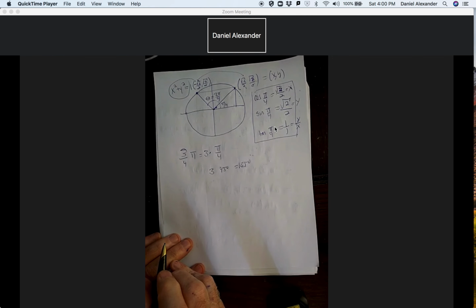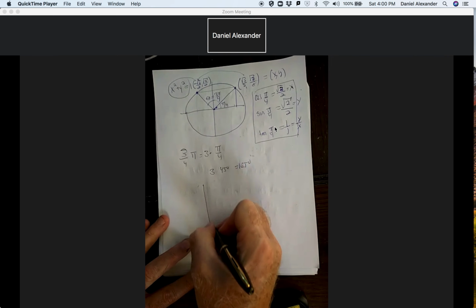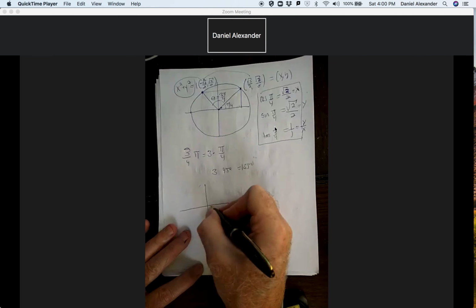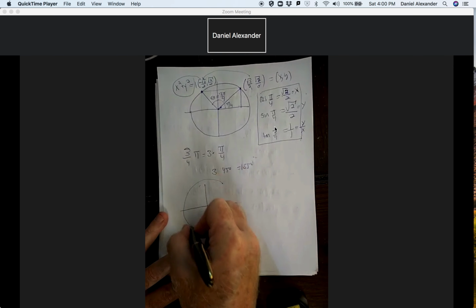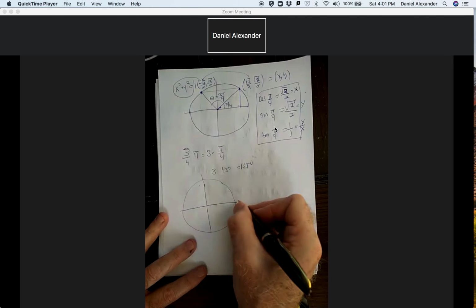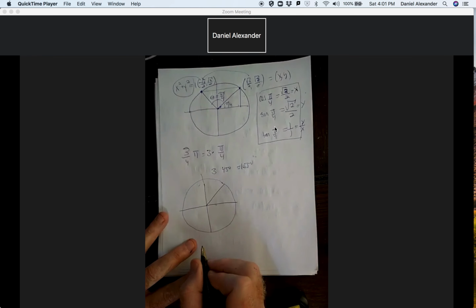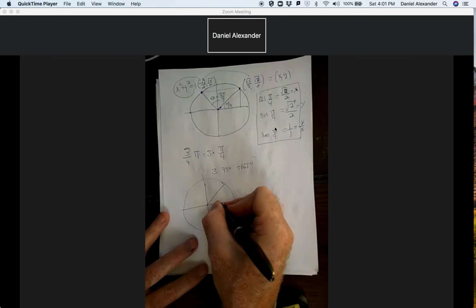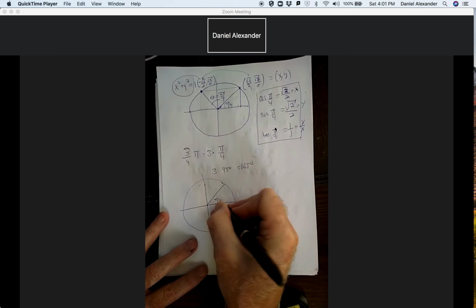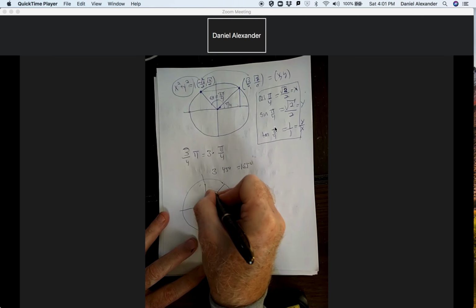Hopefully that makes sense to you geometrically. Again, I'm just drawing it down here. Here's the unit circle. We go pi over 4, that's our reference angle. Then to go 3 pi over 4, that's 3 of these, so we go to here.